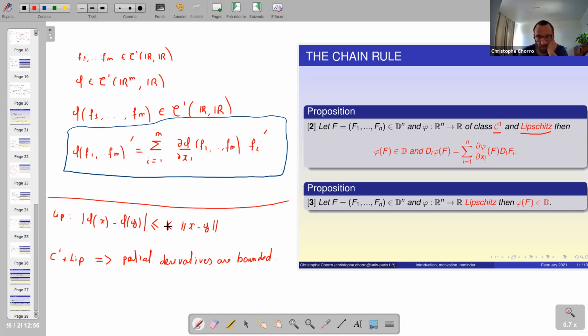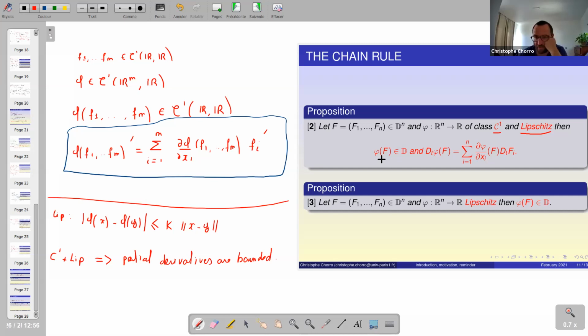So if I have a random vector of elements in the domain of the derivative operator, and I consider phi sufficiently regular, that is C1 and Lipschitz, then phi of f belongs to the domain of the derivative operator, and I have the classical formula that Dt of phi of f is equal to the sum of the partial derivatives of phi with respect to xi at f, multiplied by the derivative in the Malliavin sense of fi at the point t. So it's the classical chain rule applied to my framework.